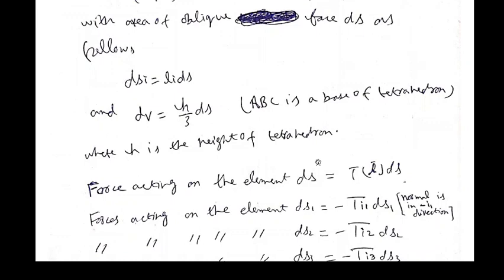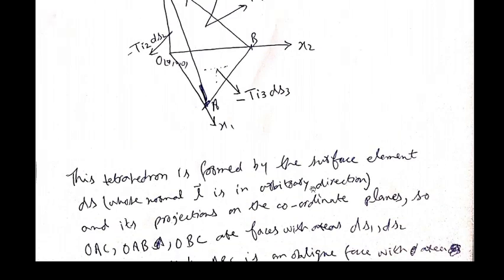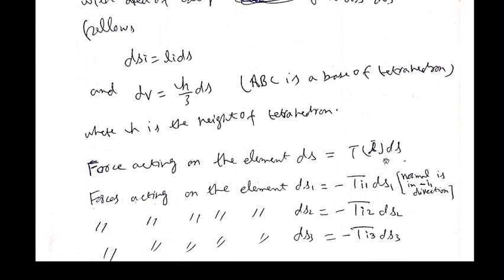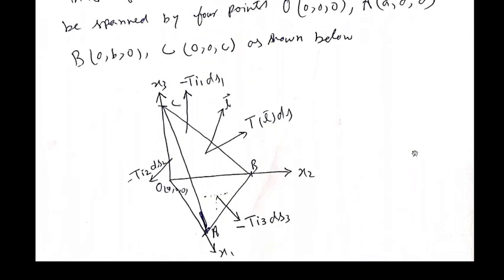Now the force acting on the element dS, as I have said here, is t(L) dS. And the force acting on dS1 will be minus t_i1 dS1, because the normal is in the minus x1 direction, the opposite direction of x1.